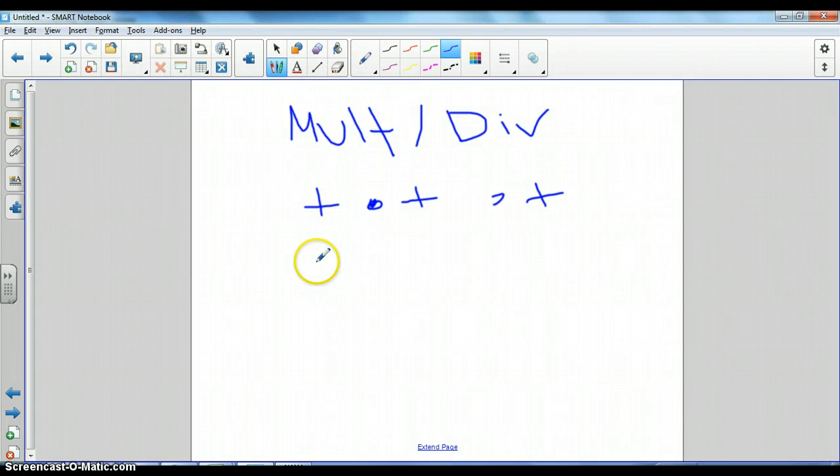If we multiply or divide a positive and a negative, it doesn't matter which order, we're still going to get a negative. And if we multiply or divide a negative and a negative, we're going to get a positive.